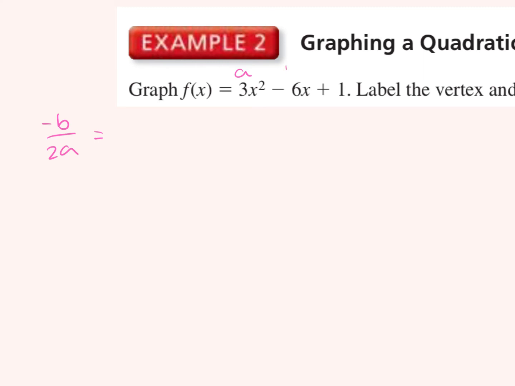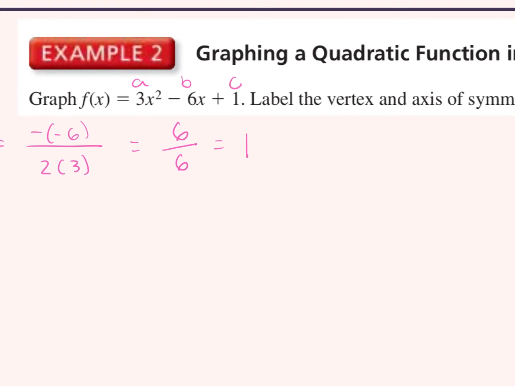What's my b? -6, and c would be 1. So this would be -6 over 2 times 3. -6 makes it a positive 6, and 2 times 3 would be 6. What's 6 over 6? 1. So the h in my vertex is 1.